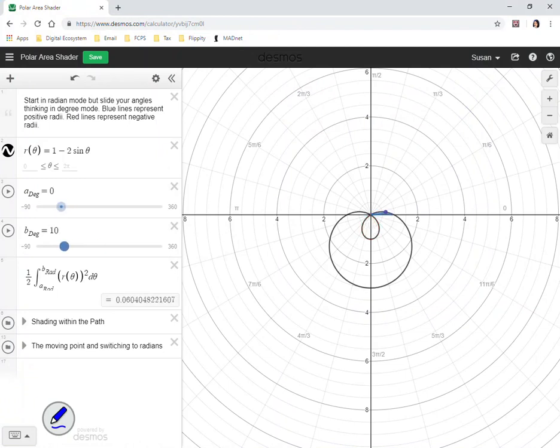There are multiple ways you could do it, but my favorite is to integrate from 0 all the way to 2 pi, calculating this area, and then subtract this little teardrop twice.